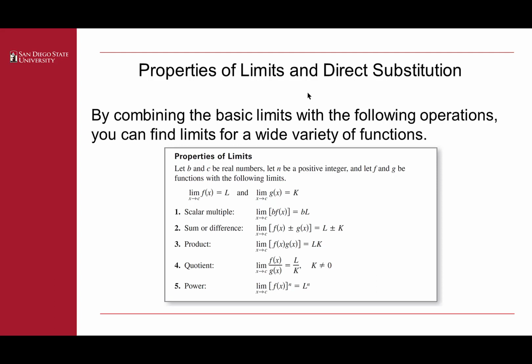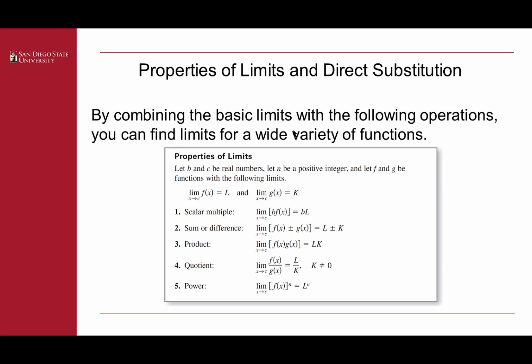So again, let b and c be real numbers and let m be a positive integer, and this time let f and g be functions with the following limits. The limit of f of x where x approaches c is L, and the limit of g of x where x approaches c is K. So the scalar multiplication would be the limit of b times f of x where x approaches c is b times L. So we can just multiply the limit with a scalar.